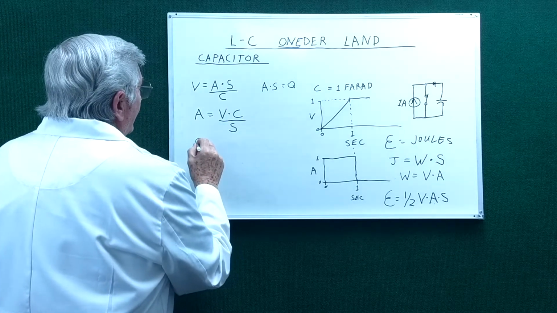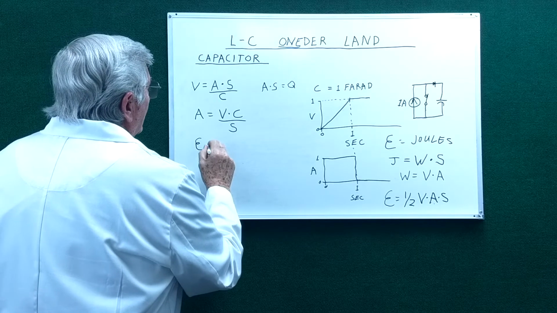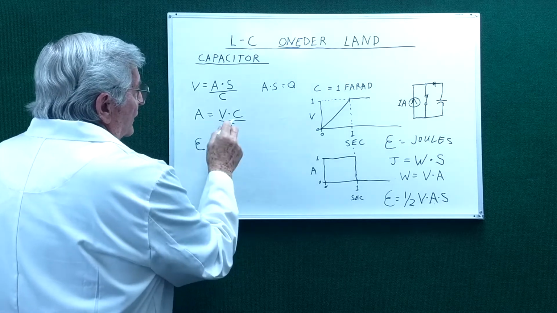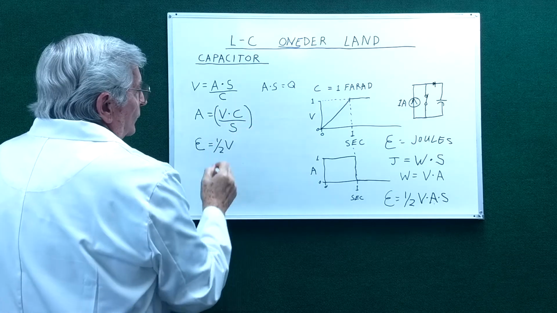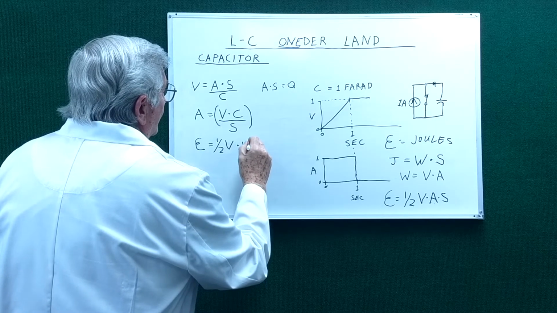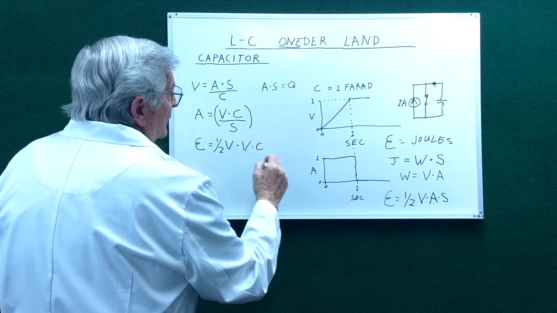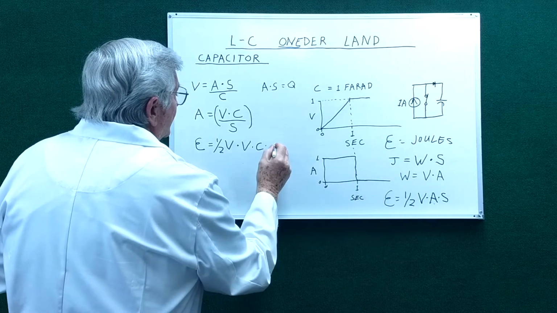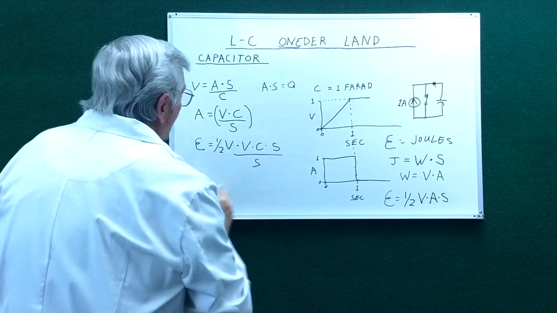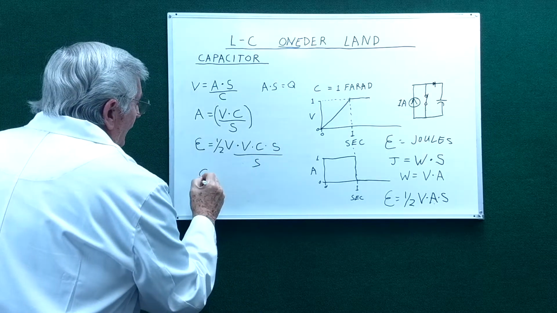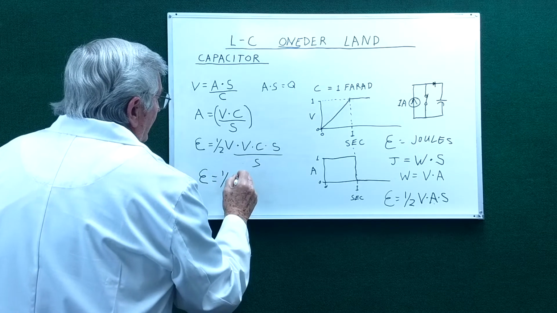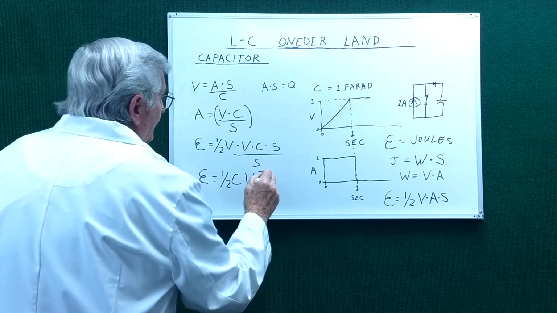So now we have energy equals 1/2 volt. Now this is what this amps is. So that's times volts times capacitance. We have a times seconds over there, and then we have this divided by seconds. So energy is equal to 1/2 CV squared.